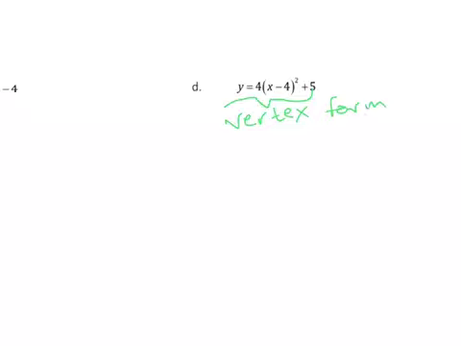Now, D, you can see, is written in vertex form, so I'm going to label that one vertex form. How do I tell what the vertex is? Remember, that's going to be (h, k). My h is this number here, and the k is the value after that.